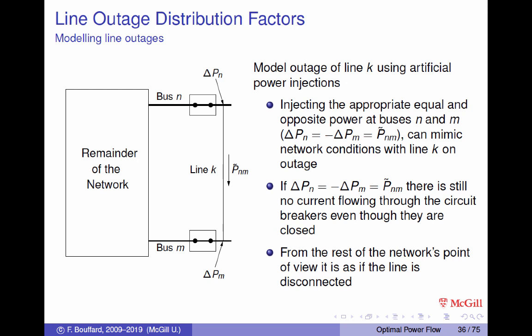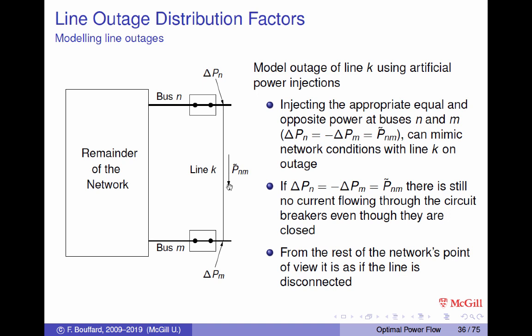Now, what we're trying to achieve here is to keep the breakers closed because we don't want to change the topology of the network. But what we want to do is to inject these virtual injections, delta PN and delta PM, and they're going to be equal and opposite to mimic the fact that the breakers here and here would be open.